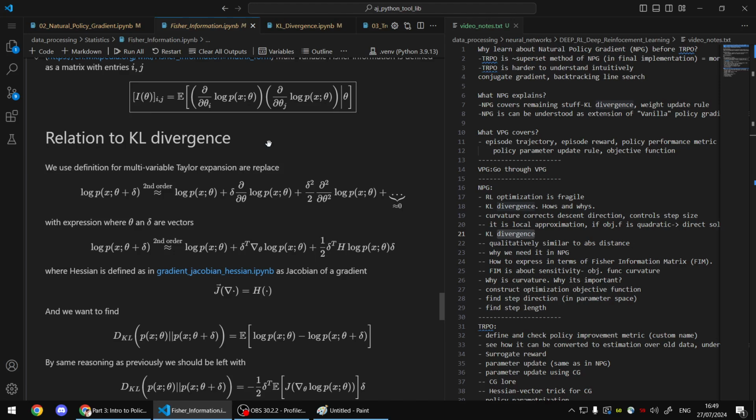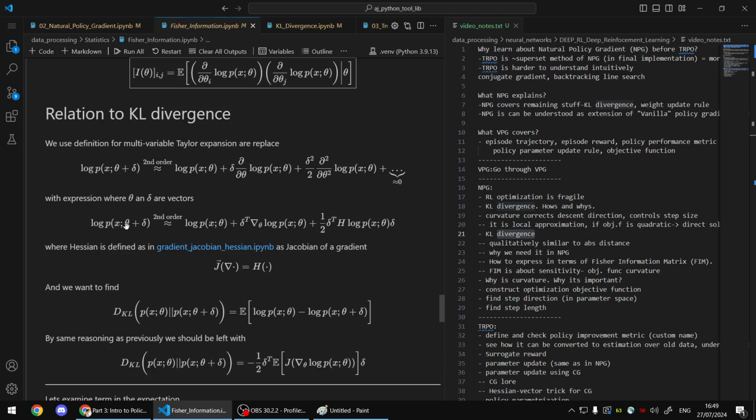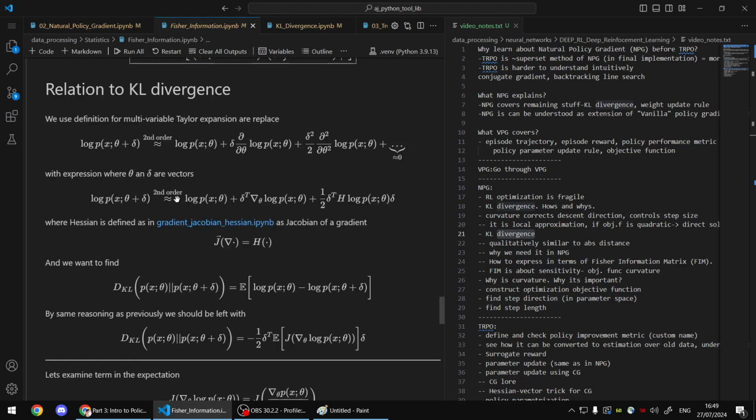And I try to basically prove this expression again. I just say, okay, our theta is not a scalar, it's a vector, and we'll just expand it in a Taylor series for the multivariable case.